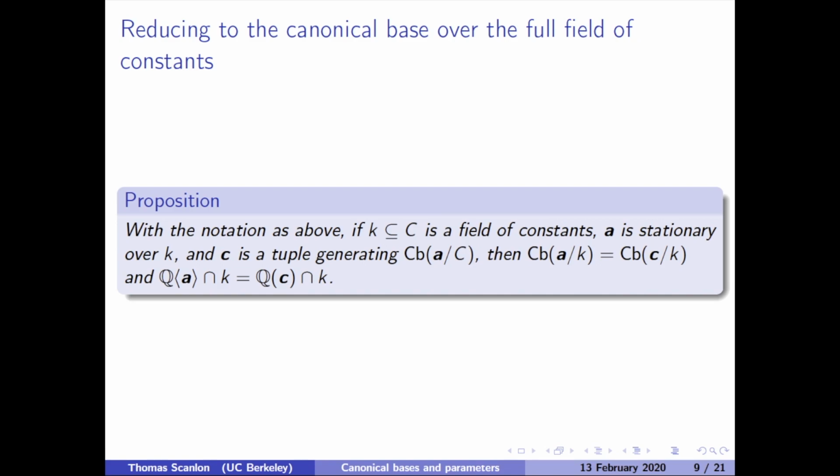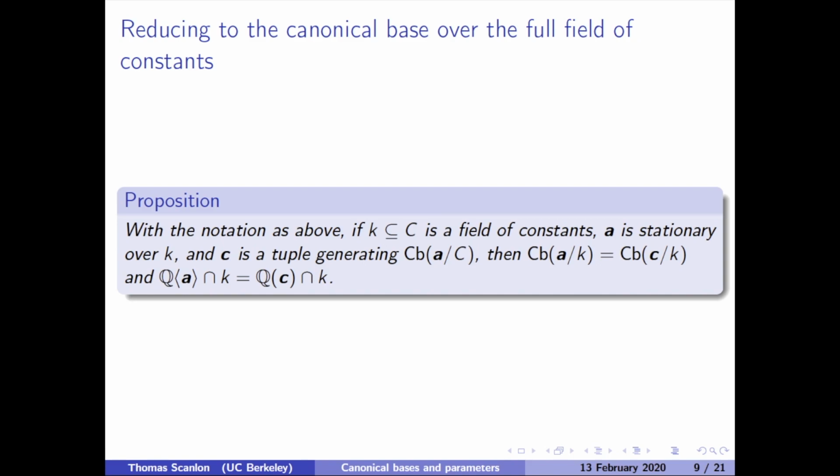You get something, and again, it turns out these differential fields are finitely generated, so you can find some tuple C which generates it. And then you compute the canonical base of this tuple of constants over the small field. And that two-step process will compute for you the canonical base of the original tuple over the base field.